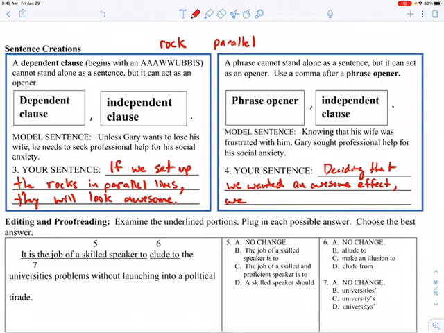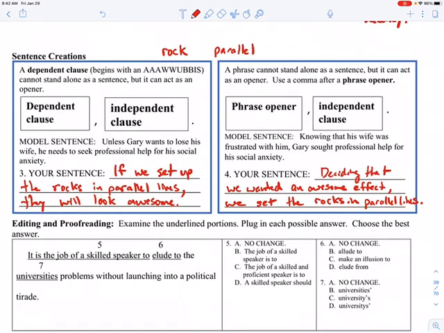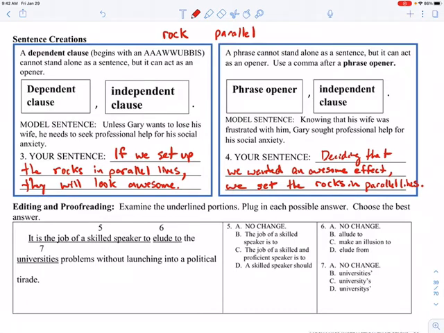Oh, this is embarrassing. I teach lay versus laid, and I cannot remember which one I need here. I'll have to think of another word. Deciding that we wanted an awesome effect, we set. How embarrassing. I'm going to look that up now. The rocks in parallel lines. It's good to memorize all your usage rules, but even English teachers forget sometimes.